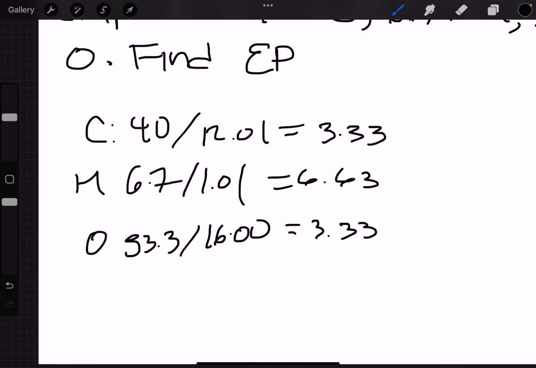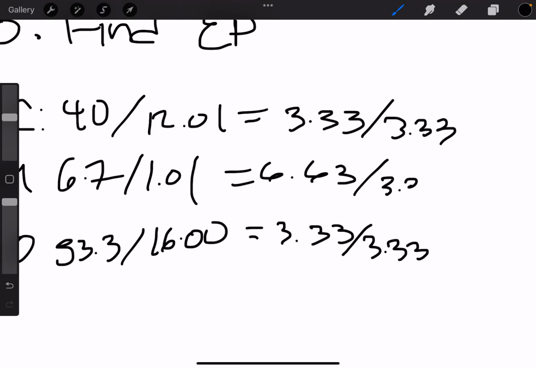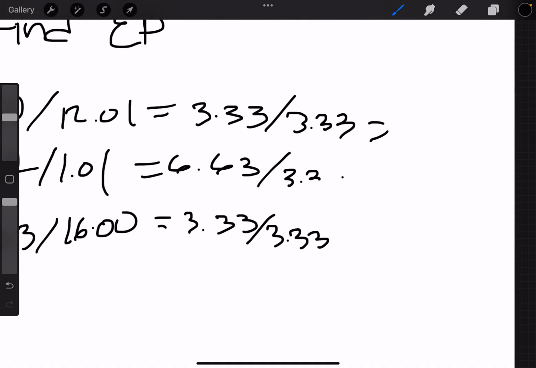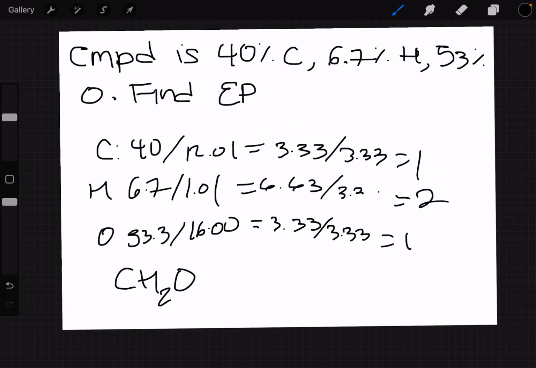Okay, so we need to divide this all by the smallest, so we at least have a whole number. So divide by 3.33. And that just equals 1, and that just equals 2. So it's just CH2O.